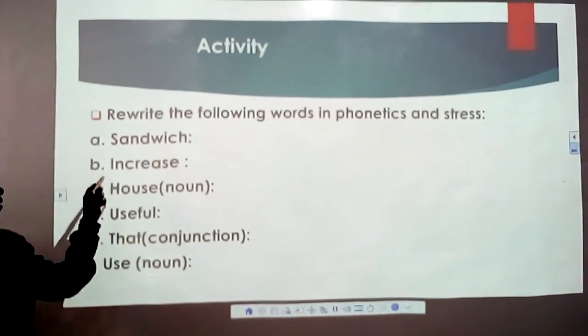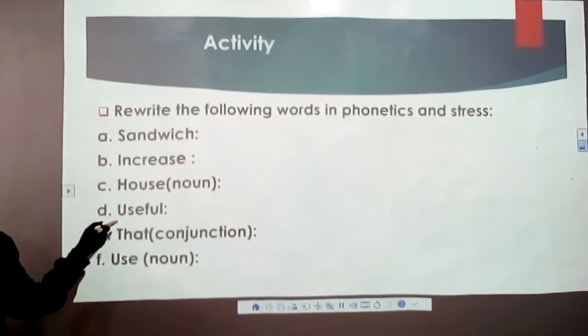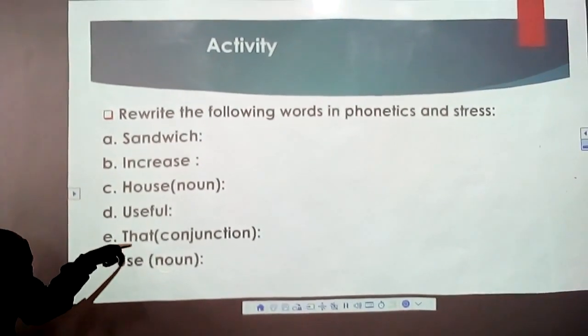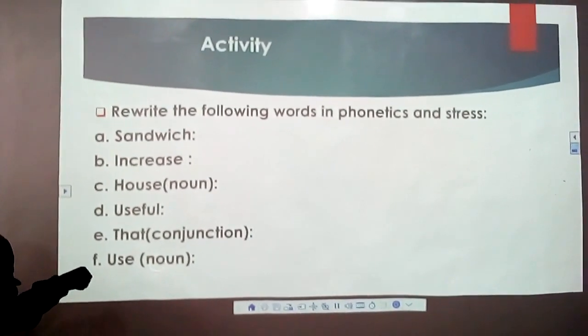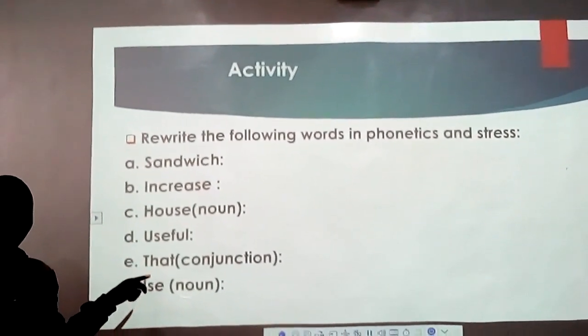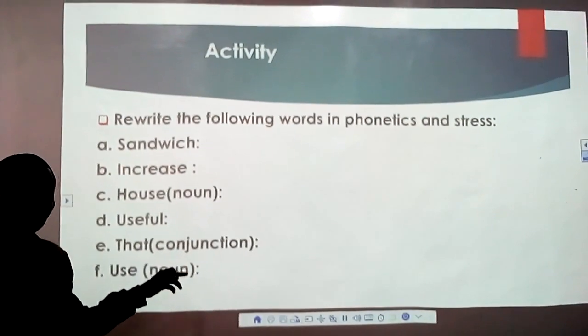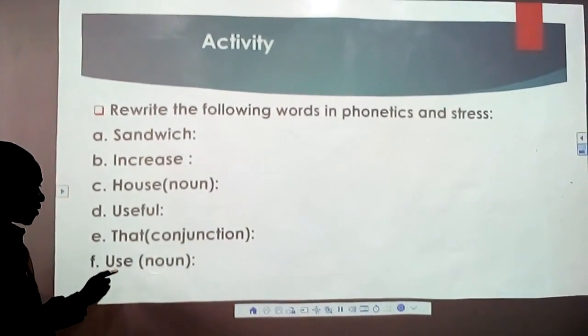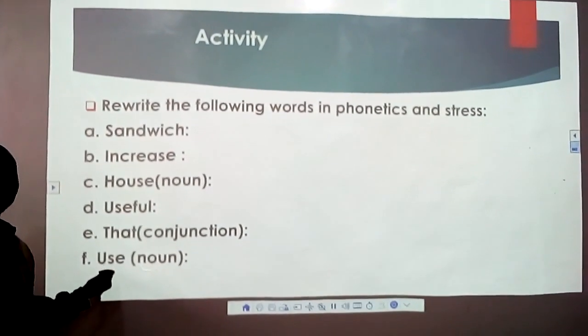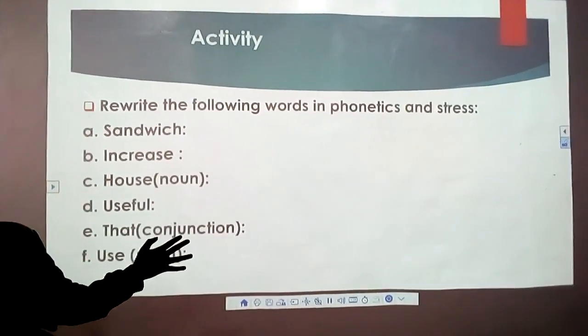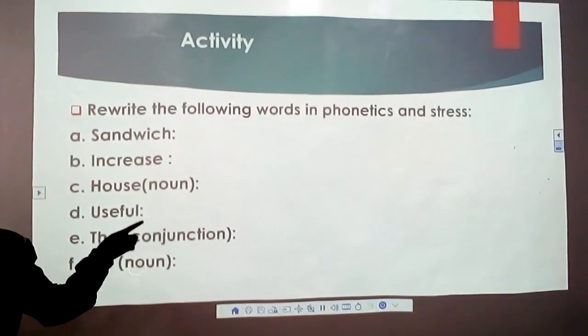Sandwich, increase, house, useful, that. Now, this is that. That and that are different. This is a conjunction. This is not use as a verb, but use as a noun. Now, manage to write in phonetics. I think it's going to be easy for you.